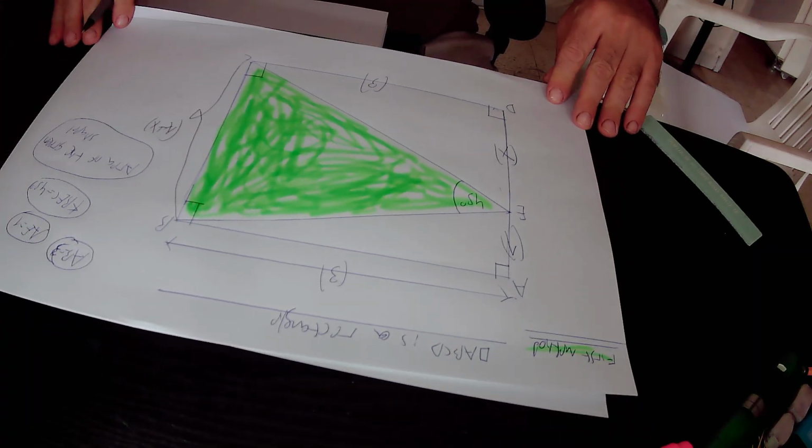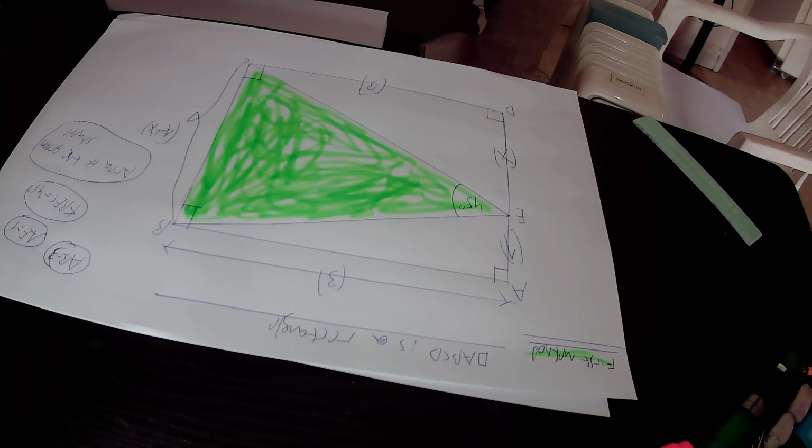In the next step, we will focus on the upper right triangle, triangle ABE. We will implement the Pythagoras theorem on this upper right triangle, triangle ABE.